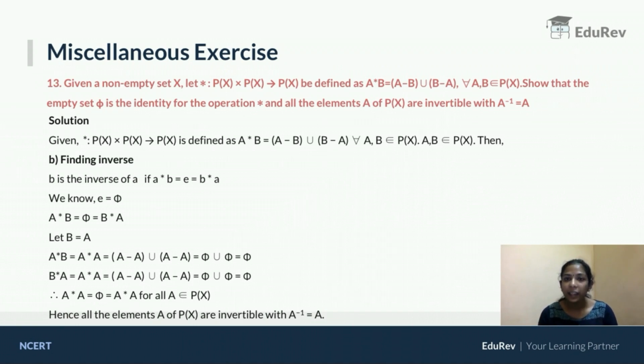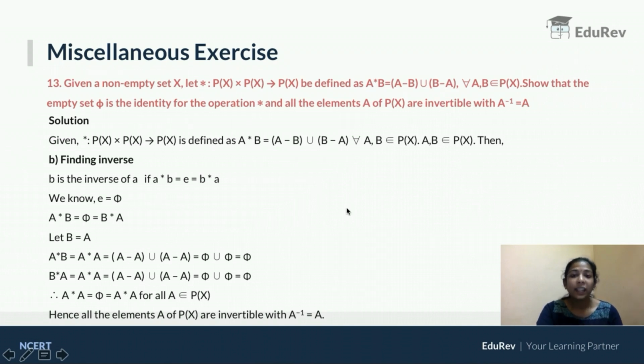A star E should be equal to E star A should be equal to A. And when they talk about inverse, then it should be A star B should be equal to B star A, and that should be equal to E. That means E represents the identity element on the given operation and B represents the inverse of the A.